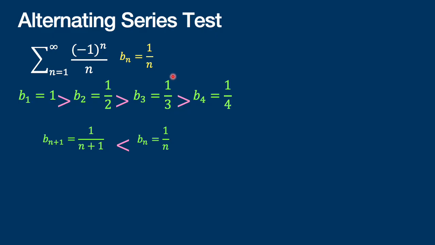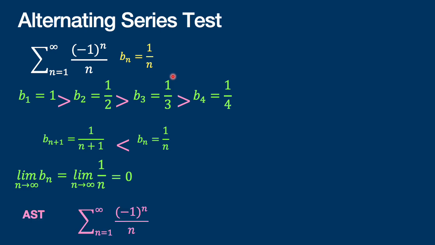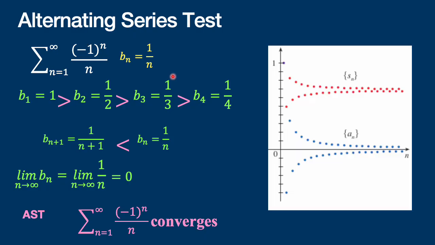Now let's check the limit. The limit of Bn is the limit of 1 over n. Each term goes to where? 1, 1 over 2, 1 over 3, going to 0. Now this infinite series satisfies the two conditions. By the alternating series test, we say this alternating series converges. Let's check the graph of the series and sequence, guys.